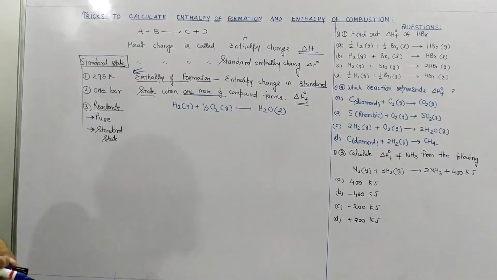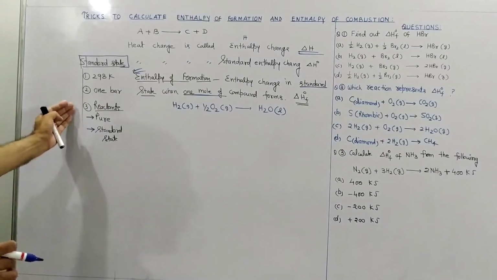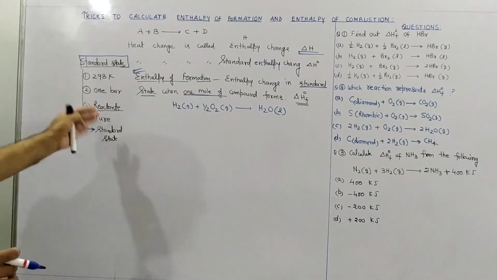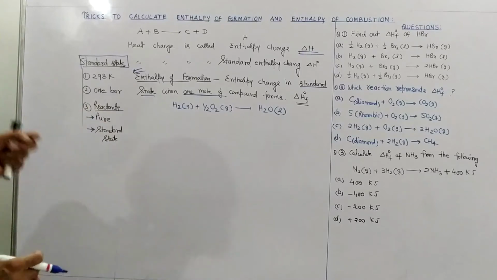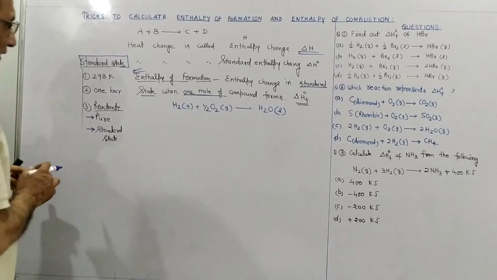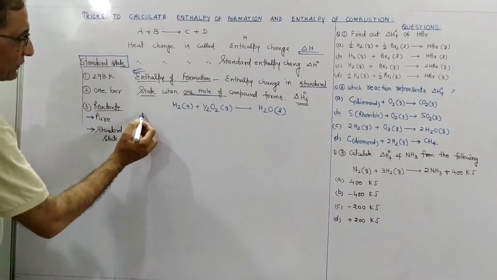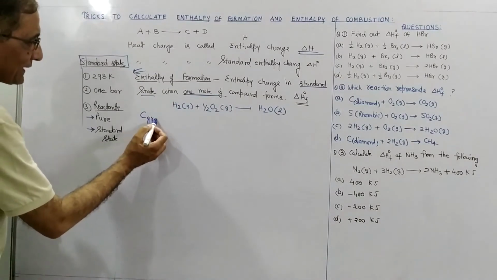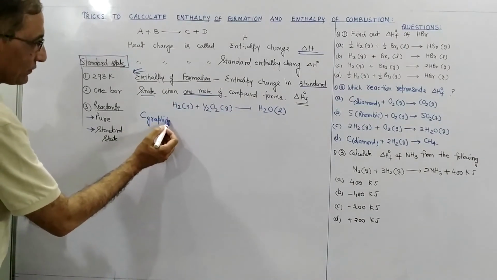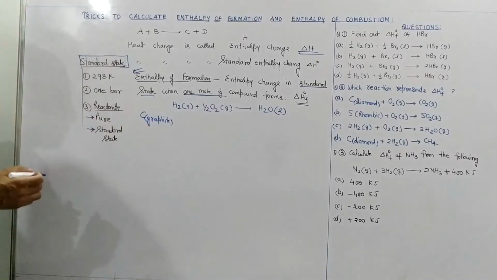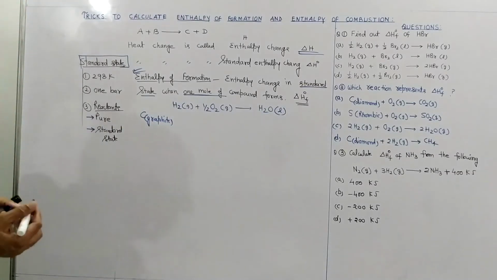Now students, you have to memorize some standard states for these type of questions. I will give you some examples. For example, the standard state of carbon is taken as graphite, although carbon is found in the form of diamond and fullerene also.